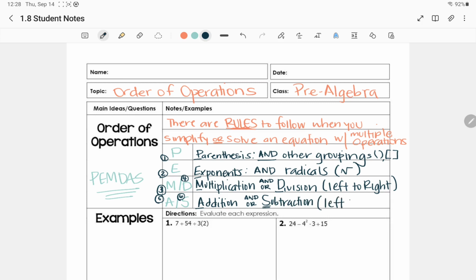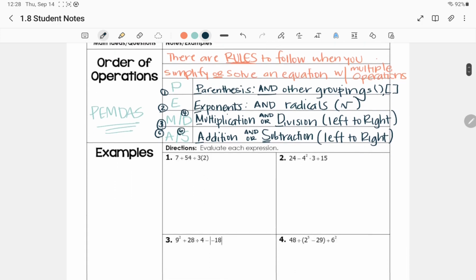If while you're trying to solve an equation you see addition and subtraction, it doesn't matter which order they come in. If you see addition first, then you do addition first. If you see subtraction first, you do subtraction first. It's left to right, just like you read left to right, so you do your math problem left to right once you've followed the steps of PEMDAS.